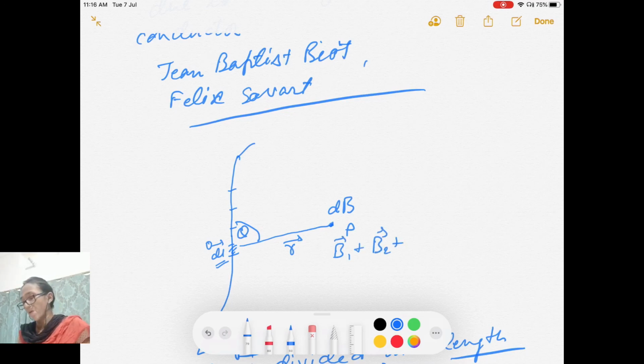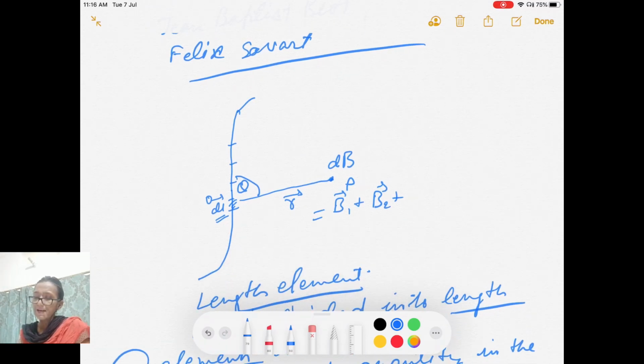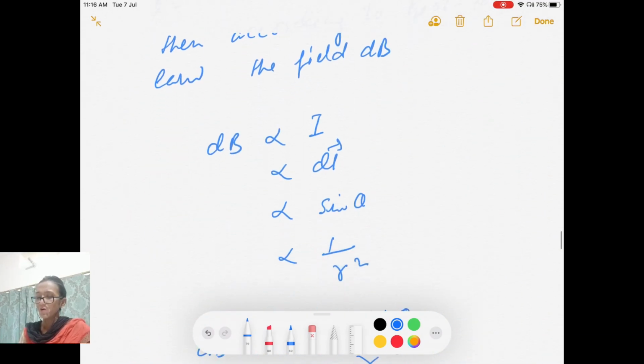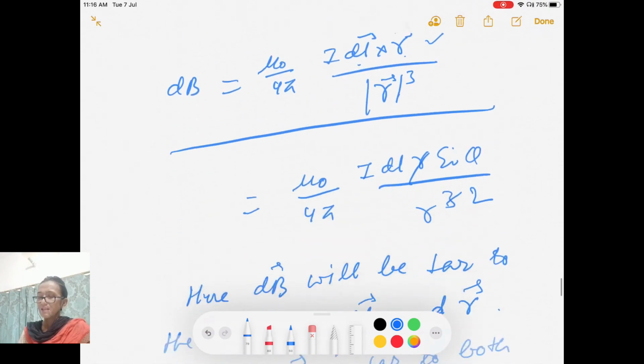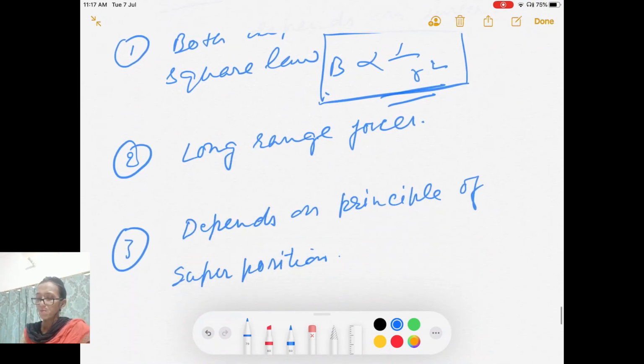The algebraic sum of all the fields due to all such length elements gives you the net field at this point, B net, and this is called principle of superposition. So, Coulomb's law as well as Biot-Savart's law both depend on principle of superposition.